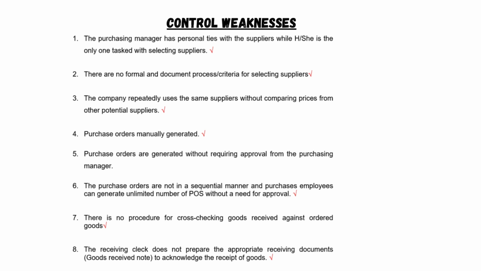But here it's currently not taking place, that the receiving clerk does not prepare the appropriate receiving document, which is the goods receipt note, to acknowledge the receipt of goods. That is another issue or weakness in the system of internal control.